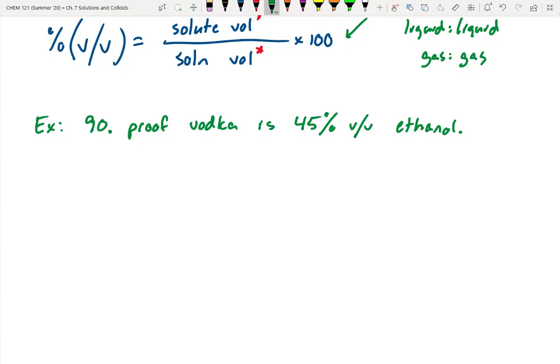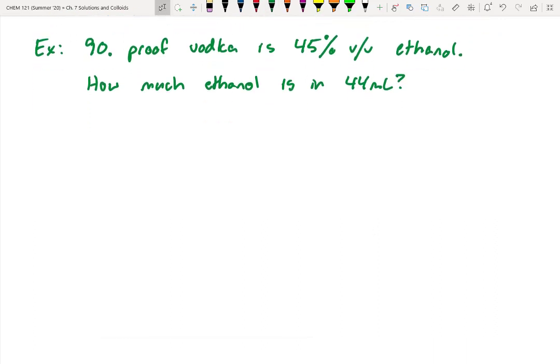All right, the rest is just water. So how much ethanol is in 44 milliliters? And 44 milliliters, I actually looked this up. That's about the average size of an American shot, give or take.